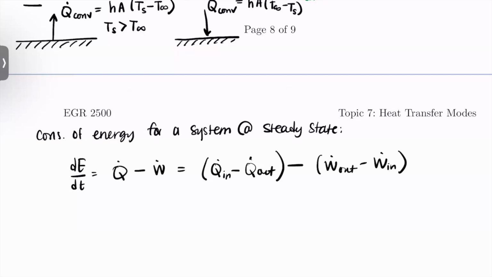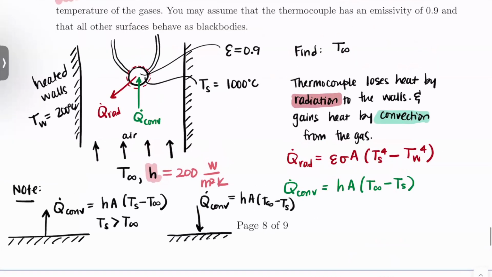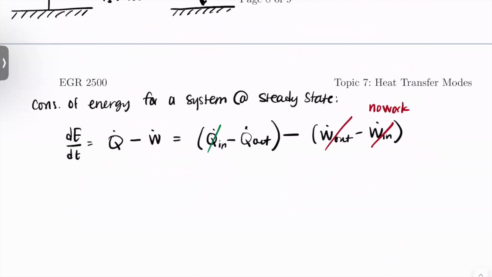Okay, so we don't have any work moving around in here. So there's no work, at least not that we're told about. And our input heat transfer is convection, right? So Q dot in is Q dot convection. And then our output Q dot is Q dot radiation.